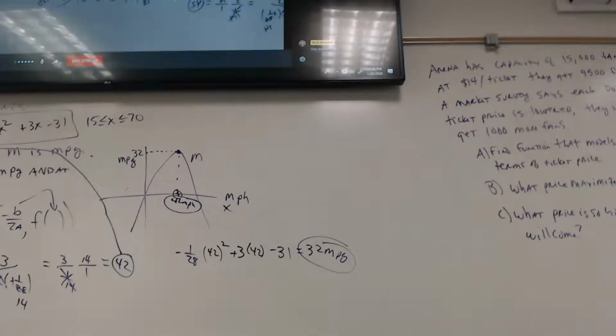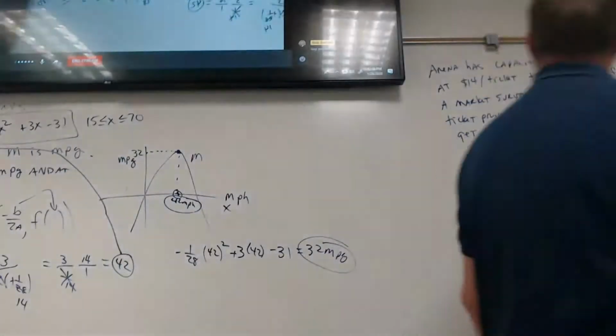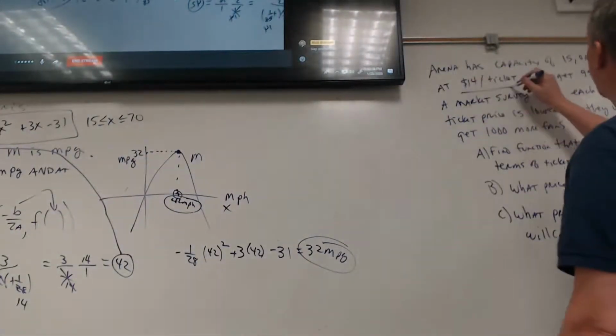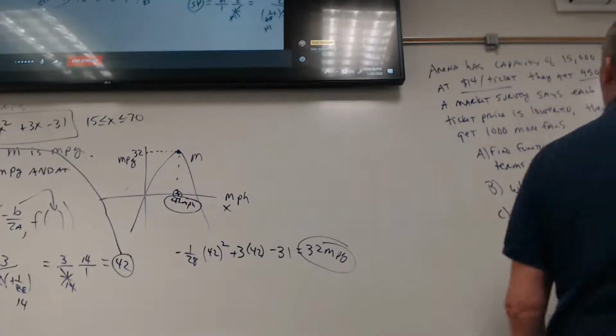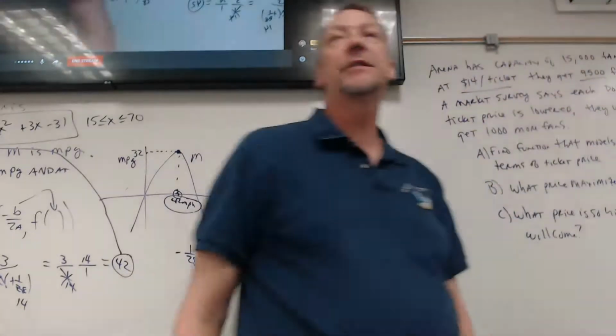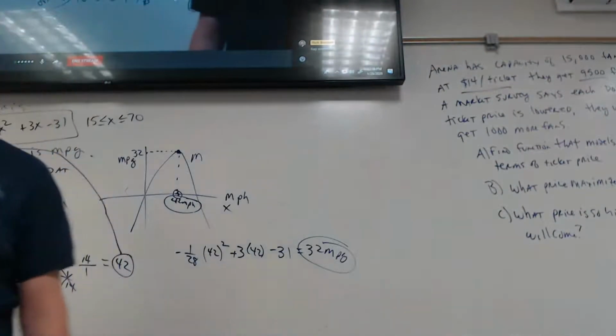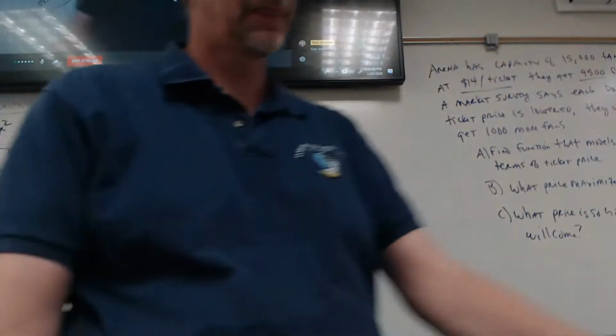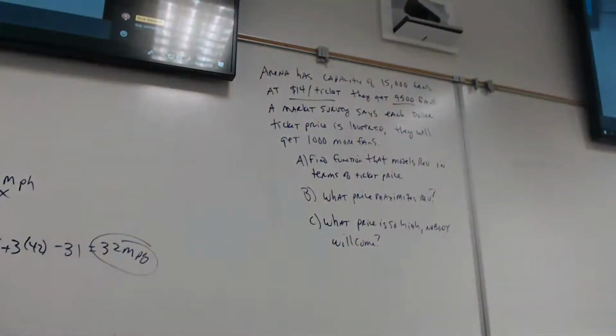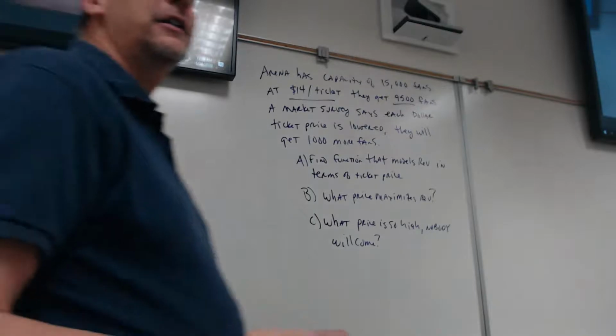So now, just for fun, let's see. If they're selling them at $14 a ticket and they can sell 9,500 tickets, how much money do they make right now at the moment? Cameron, how did you get that?